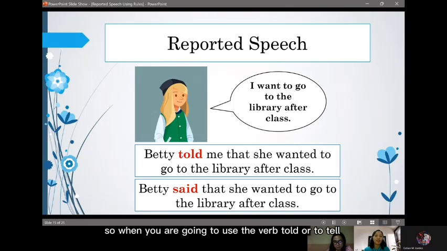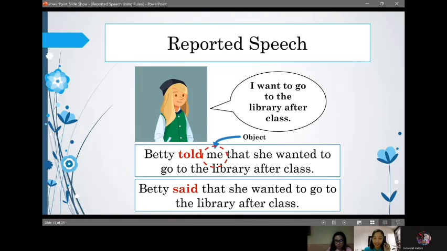So when you are going to use the verb tell or told in a reported speech, it is a must that it is followed by an object.